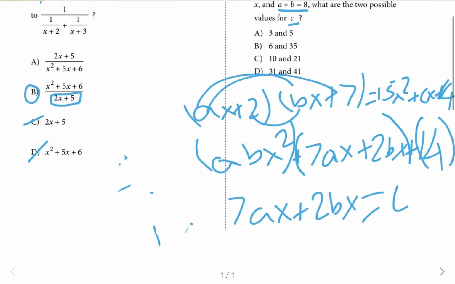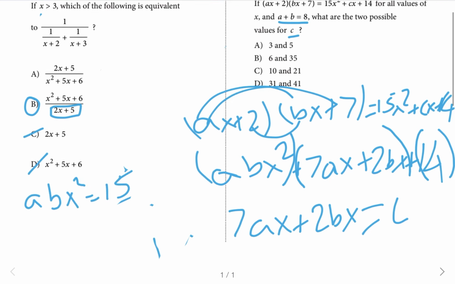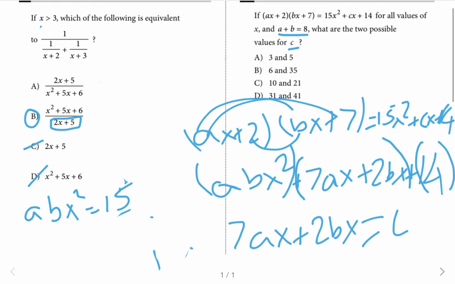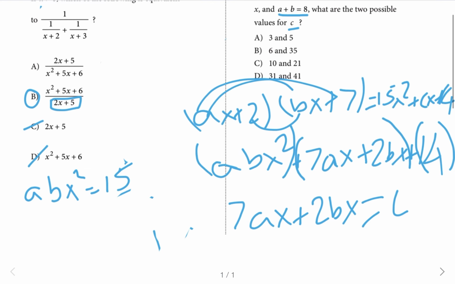Now we can solve for a and b by looking at the abx squared as our first term. So we have ab, which is equal to 15. They also gave us that a plus b is equal to 8. It could be a numerous amount, but the only two numbers that add to 8 and multiply to 15 are 3 and 5.